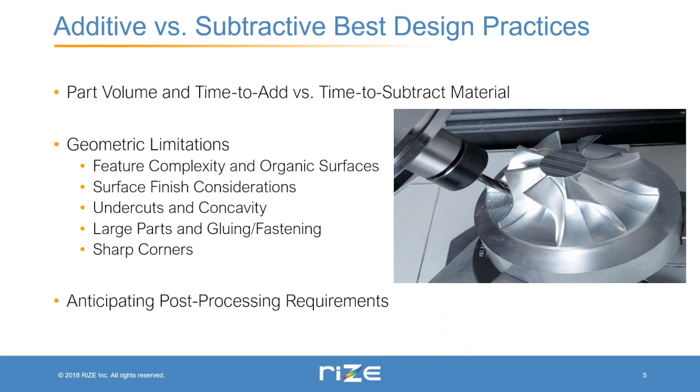So one of the things that you'll want to do when designing for additive is anticipate the type of post-processing required, such as where supports will be and how difficult it will be to remove supports, and consider how you can design the part to avoid any difficult or lengthy post-processing.